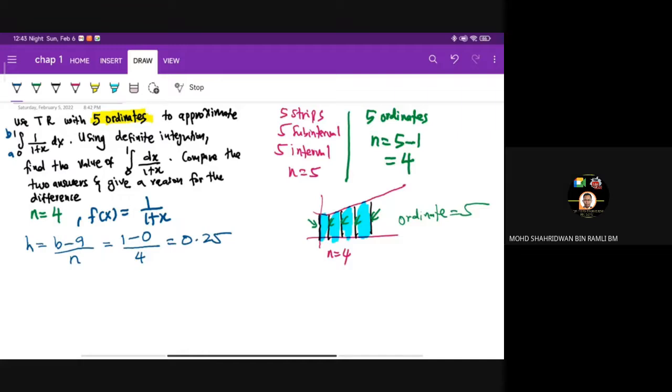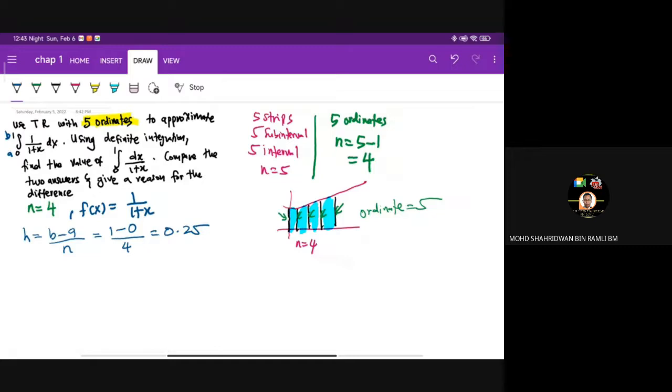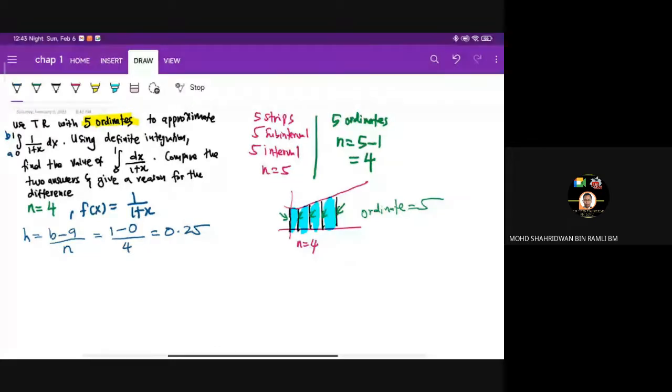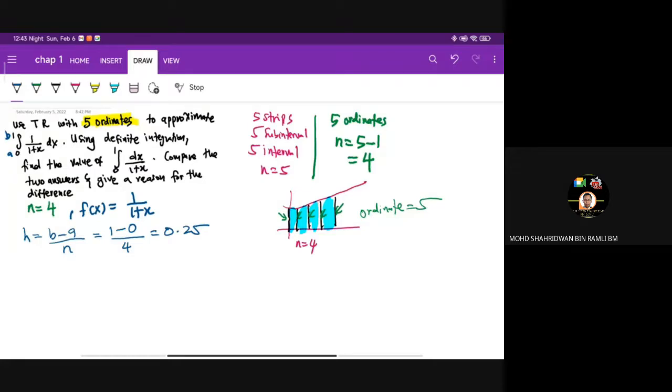And then we need to construct our own table by using the calculator. This is the new calculator. I think your lecturer already taught you during your lecture. So first, press menu, and then I think you need to choose 8, spreadsheet.